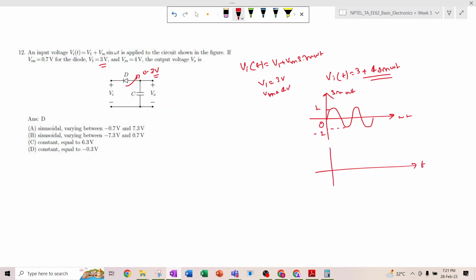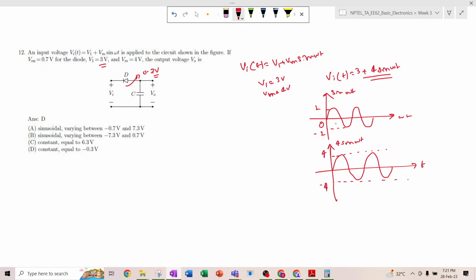So what is the graph for 4 sine omega t? The amplitude will be multiplied by 4, right? So here it will be 4 and here it will be minus 4.